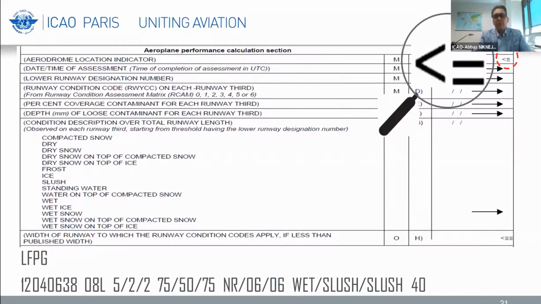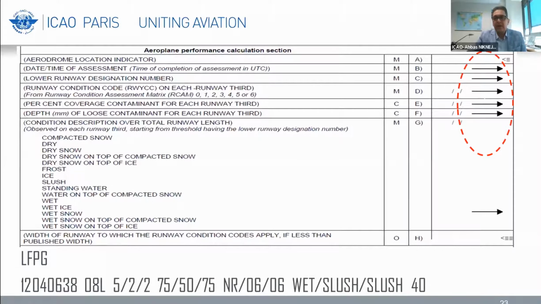On the top right, you see a symbol. This symbol shows that after this item, you have to move to the next line to continue with the rest of the message. After the location indicator, as you can see also in the example, you should move to the next line to continue your message. Then the arrows show that you continue in the same line with the next item.